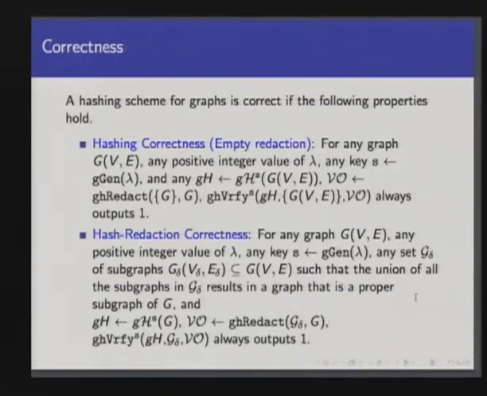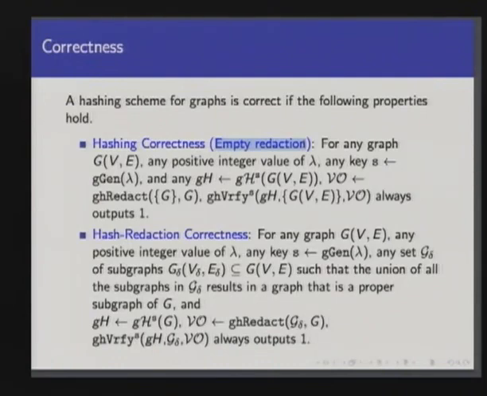So how can we verify the correctness of these schemes? Formally there are 2 mechanisms: hashing correctness and hash reduction correctness. The first is called empty reduction. Suppose a user runs a query where the query result is the complete original graph. In that case, the user receives the complete original graph as the subgraph in the query result.